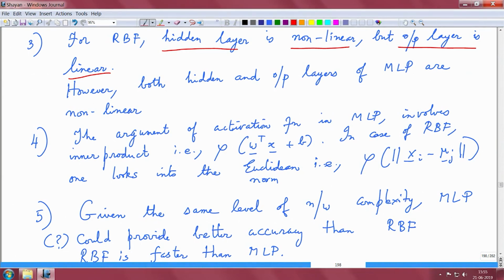right. If you recall, we do this operation phi of W transpose X plus bias. So therefore we have this inner product W transpose X that we implicitly compute.